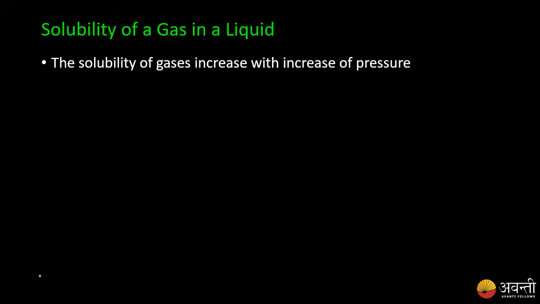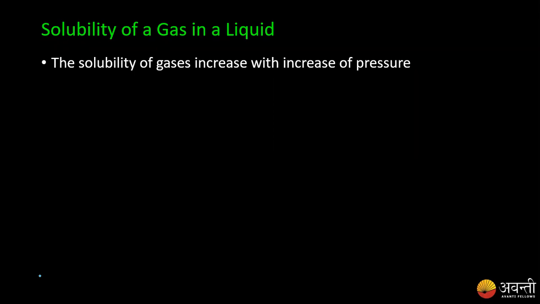In the liquid, the particles are close to each other. In gas, the particles are having free motion, they are away from each other, with a large distance between two particles. If you try to dissolve gas particles in liquid, the gas particles will have to come slightly closer together.